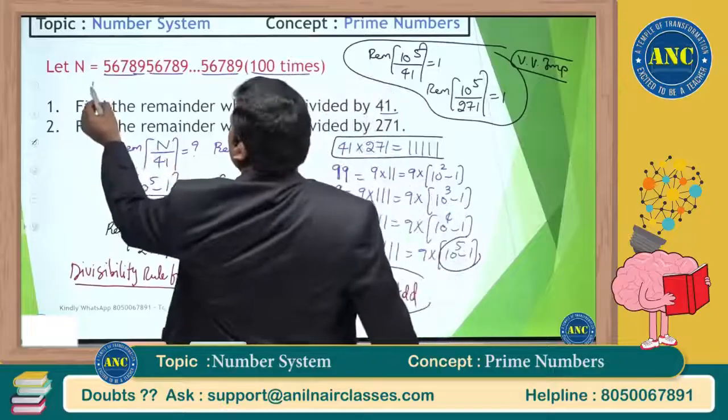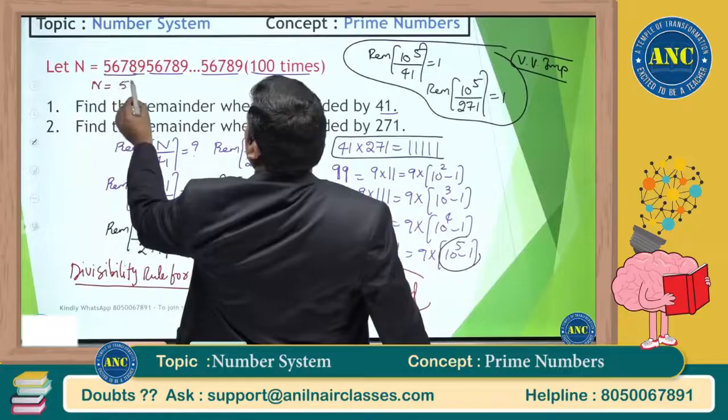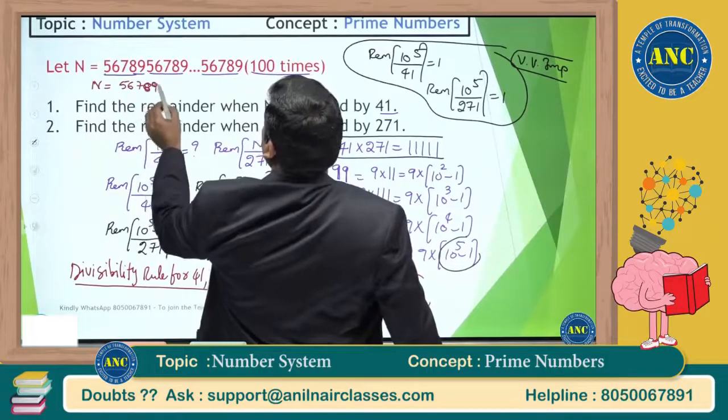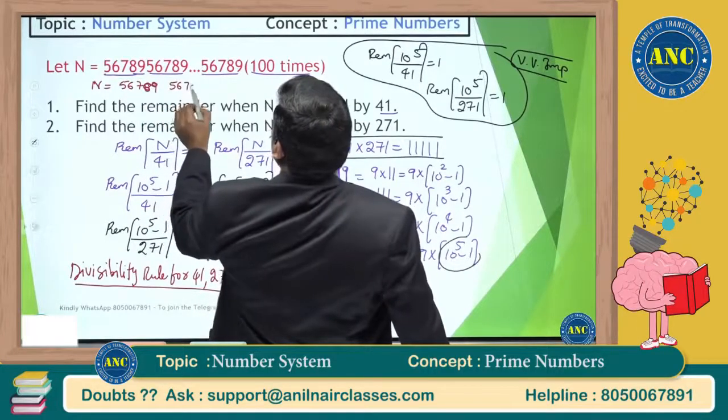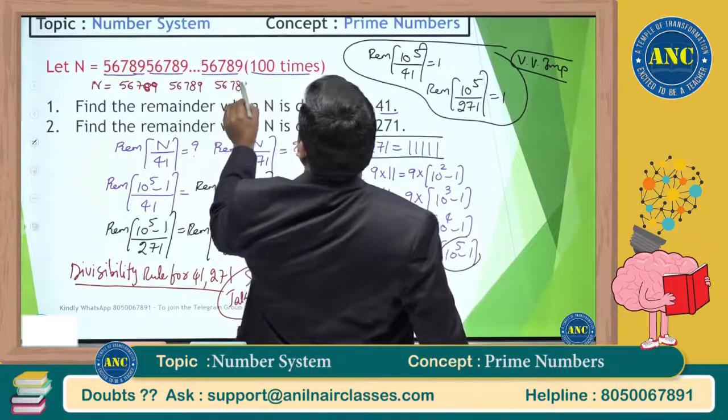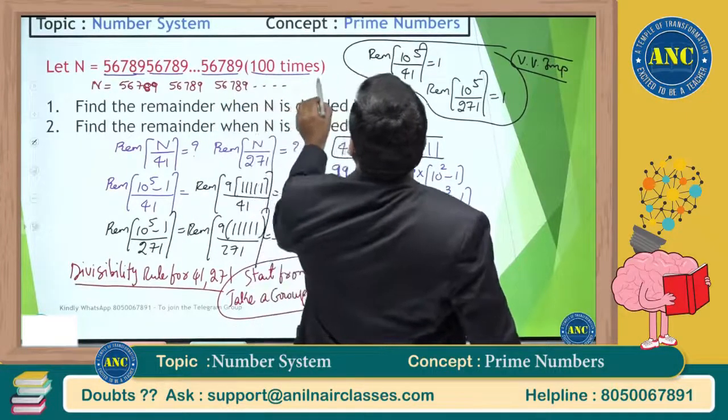So the question is, N is 5, 6, 7, 8, 9, next 5, 6, 7, 8, 9, like that written 100 times.